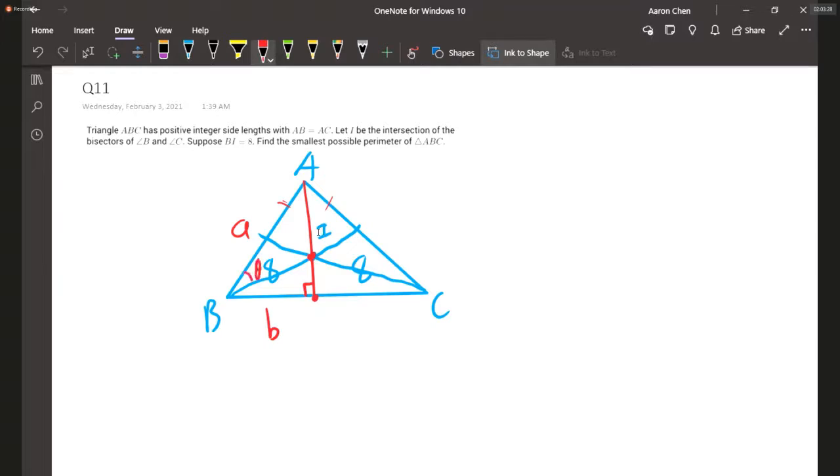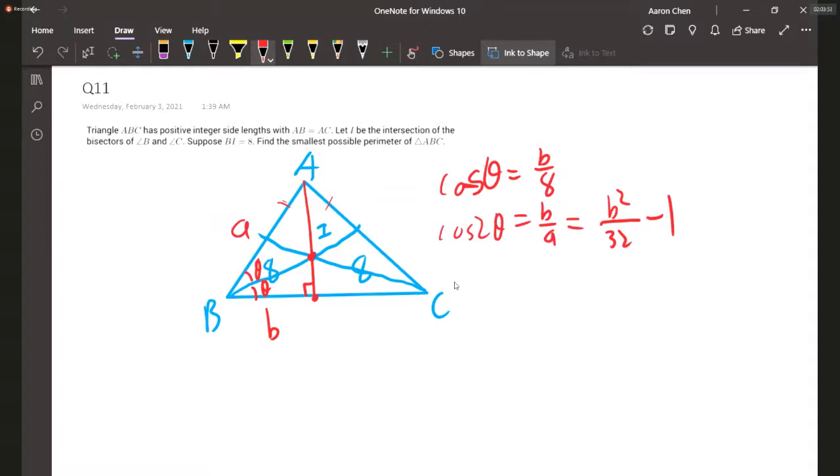So this is theta, and this is theta. So cosine of theta equals B divided by 8, and cosine of 2 theta is equal to B divided by A. And also by using the cosine double angle formula, it's B squared over 32 minus 1.